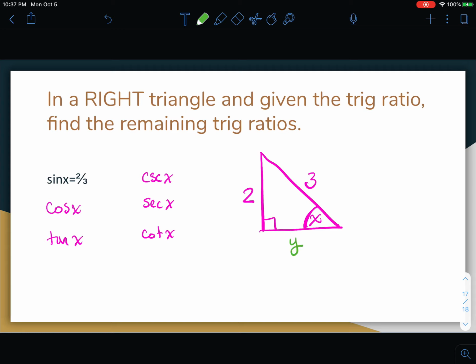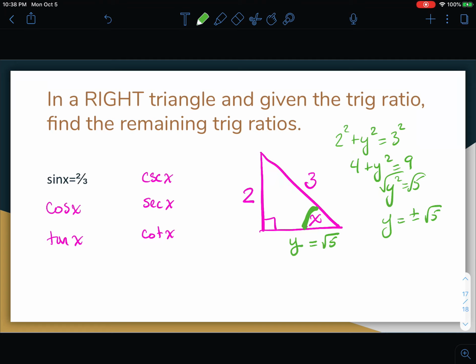Something we really need to find is that third side. Since we have a right triangle, I'm just going to call this y, and we can use the Pythagorean theorem. 2 squared plus y squared equals 3 squared. We isolate that y squared, and now we take the square root of both sides. Of course, we're only going to take the positive radical 5 because the length cannot be a negative value. Now we have all three sides, and this is still the angle we're looking at.